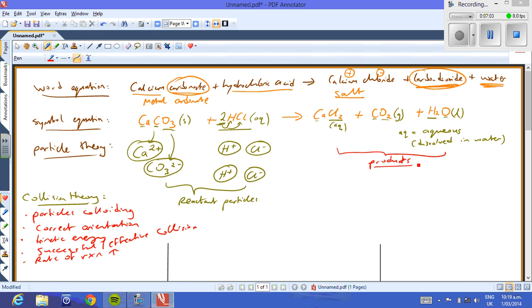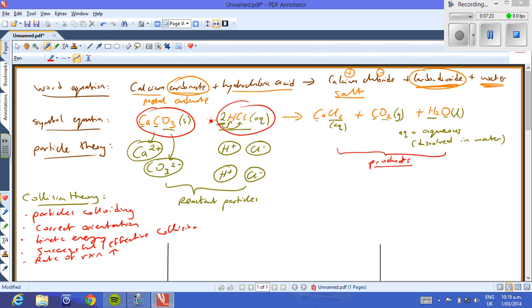So you can change the size of the particles, so you can change the size of the calcium carbonate. You can change the concentration of the acid, or you can change the temperature which the system is subjected to. And that's what we look at now in a minute.